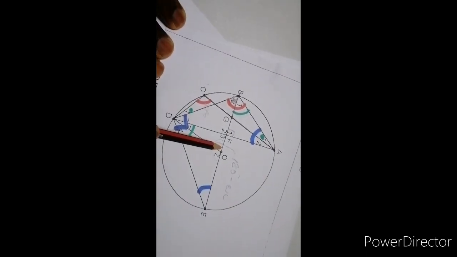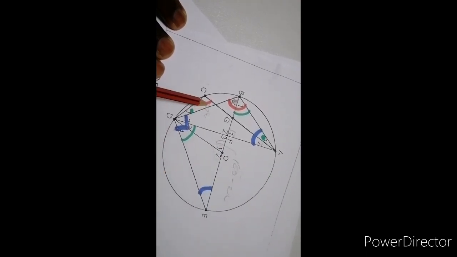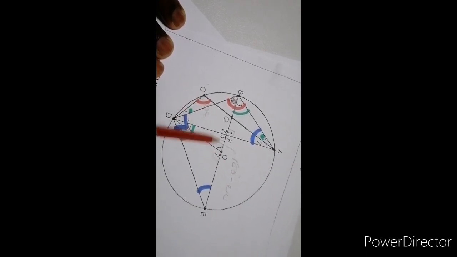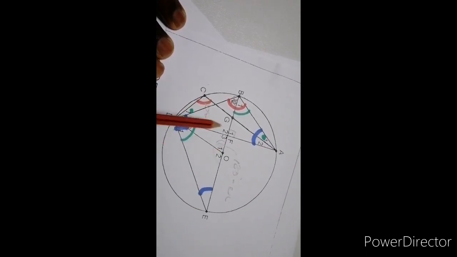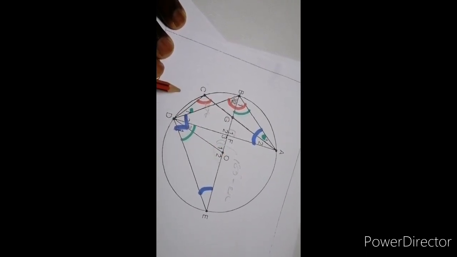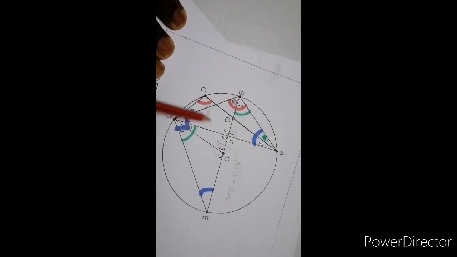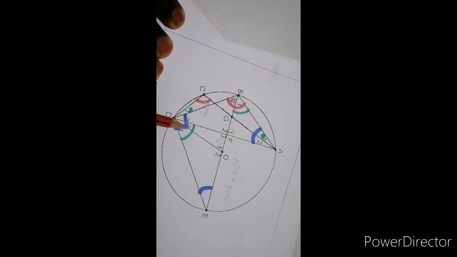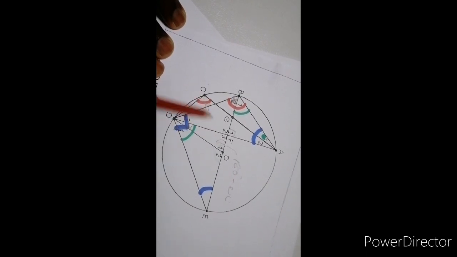Now, 180 minus 2x plus 2x gives us 180. The sum of these two is equal to 180. Then we conclude by saying GCDO is a cyclic quad. The reason is the converse: opposite angles of a cyclic quad, or opposite angles of the quadrilateral are supplementary.